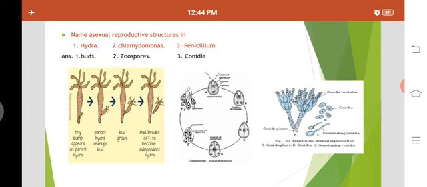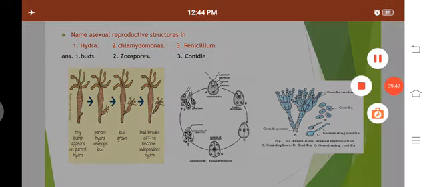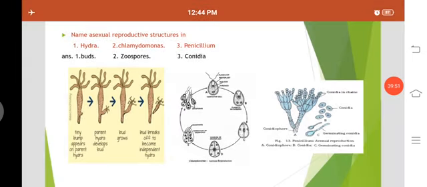Name asexual reproductive structures in Hydra, Chlamydomonas and Penicillium. As I told, many lower organisms can reproduce asexually.